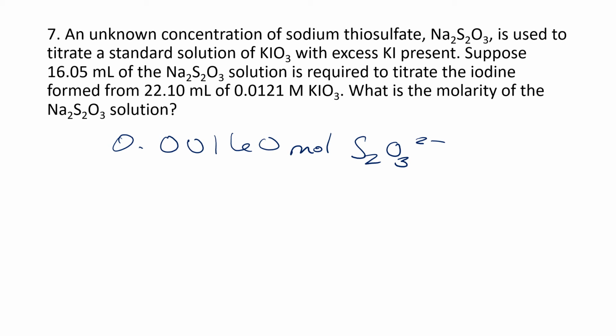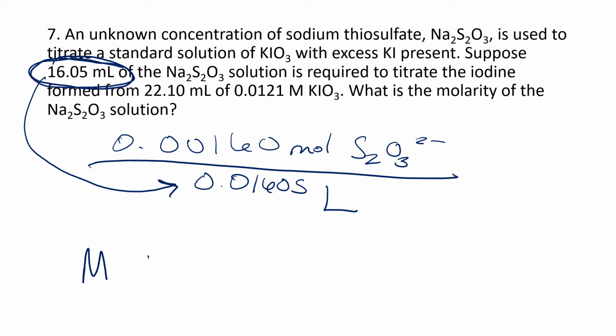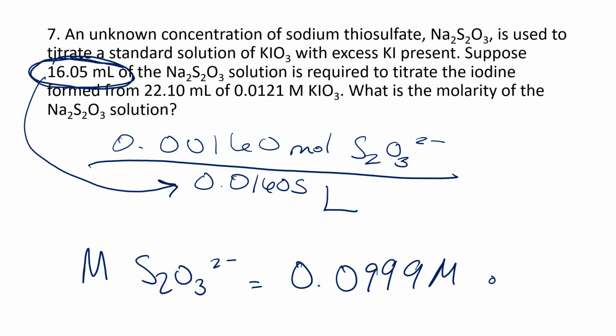Now, if I'm looking for concentration, I have to have moles per liter. So they gave us the amount of the unknown sodium thiosulfate here. I just need to convert that to liters, 0.01605. And so my concentration of S2O3 2 minus is 0.0999, or just 0.1 since I rounded.